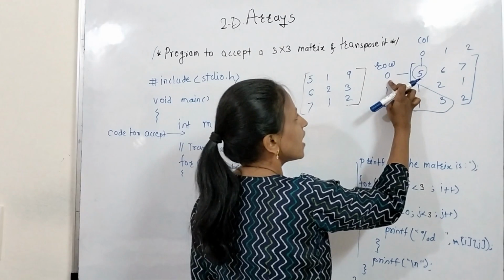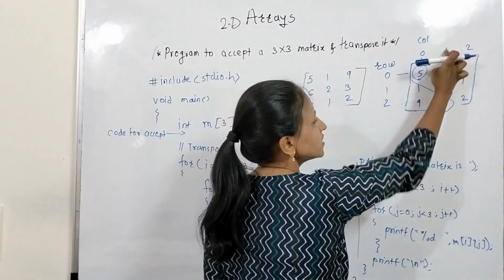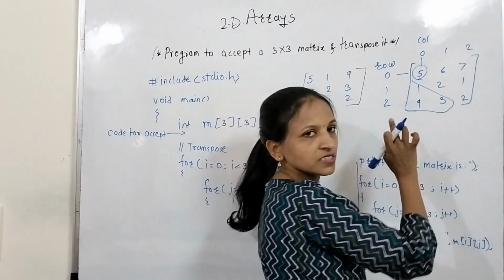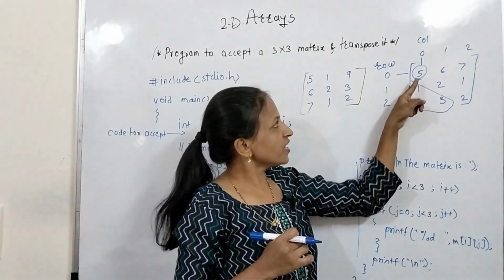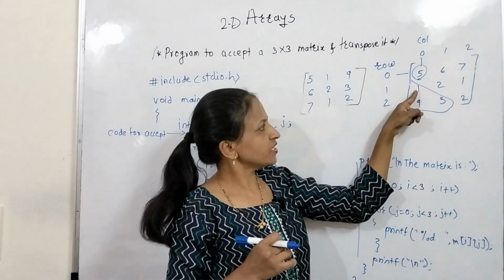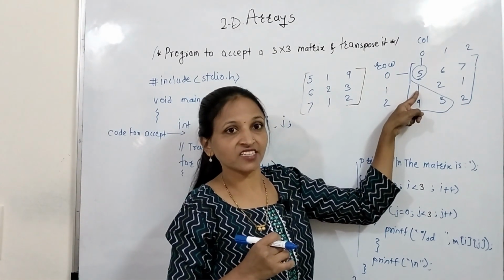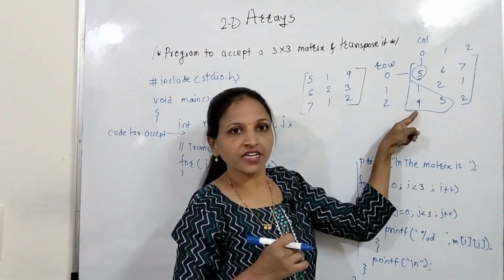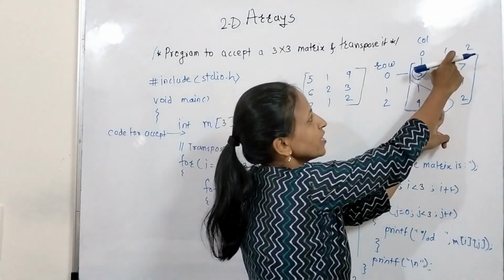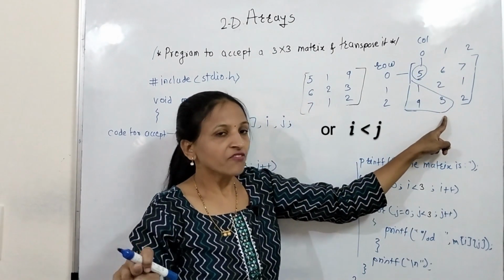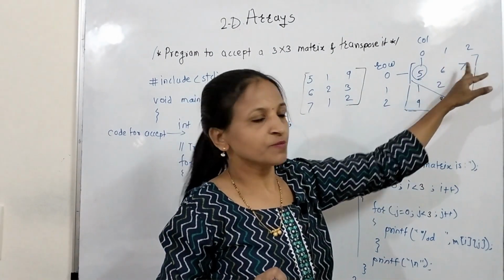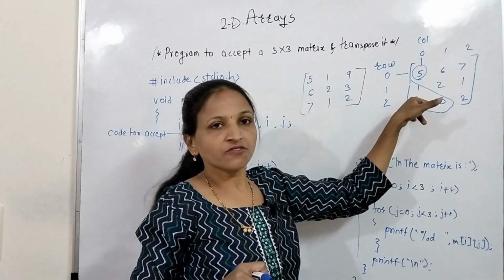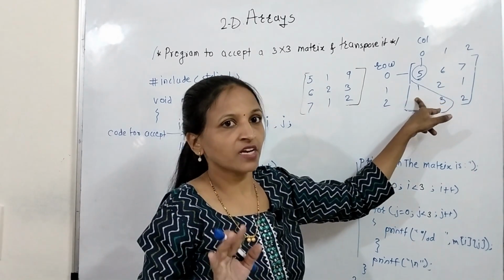See, here i and j are the same, here also i and j are the same, here also i and j are the same. If at this place the value of i is 1 and the value of j is 0, it means i is greater than j here. Here again i is greater than j, and here 2 and 1, i is greater than j. If i is greater than j, then we can swap these elements, meaning 1 will be at this place and 6 will be at this place. That logic we can apply here.